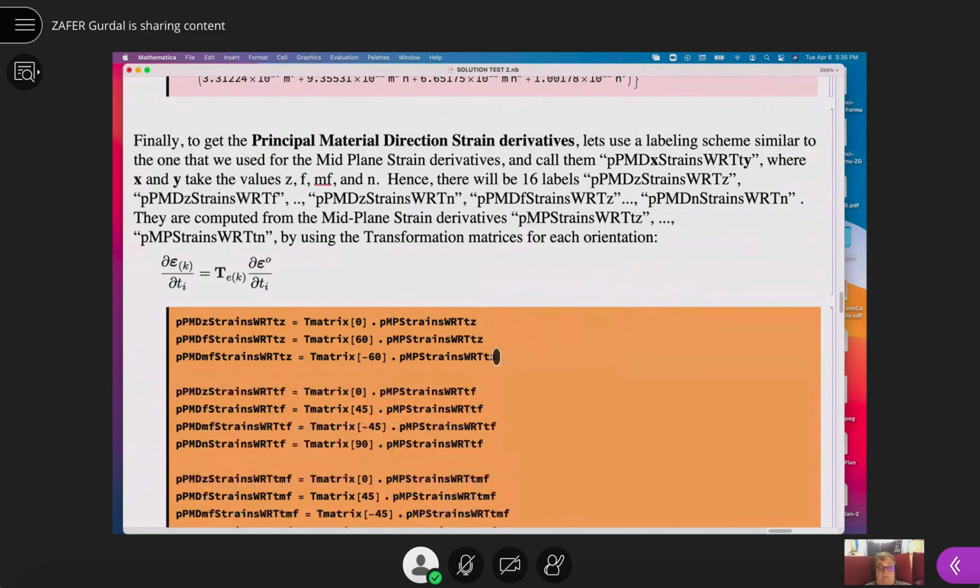All right. 60. Principal material direction, partial midplane. Principal material z with respect to f should become s, minus s with respect to 0.